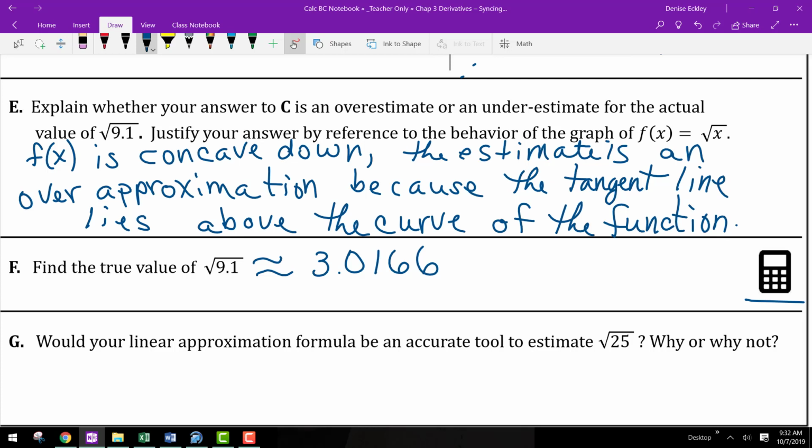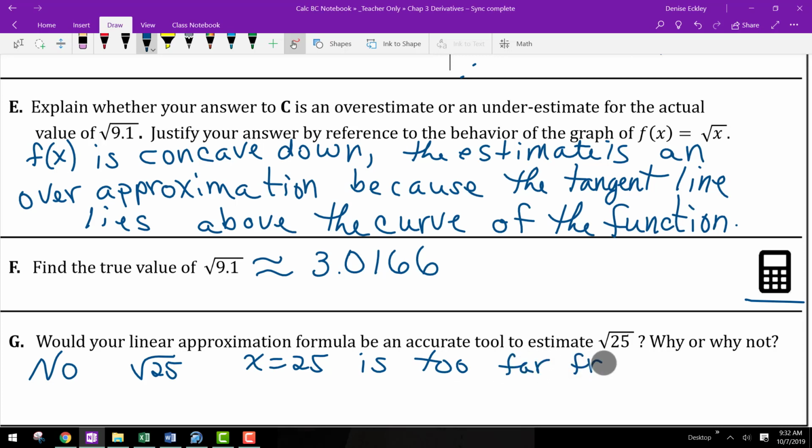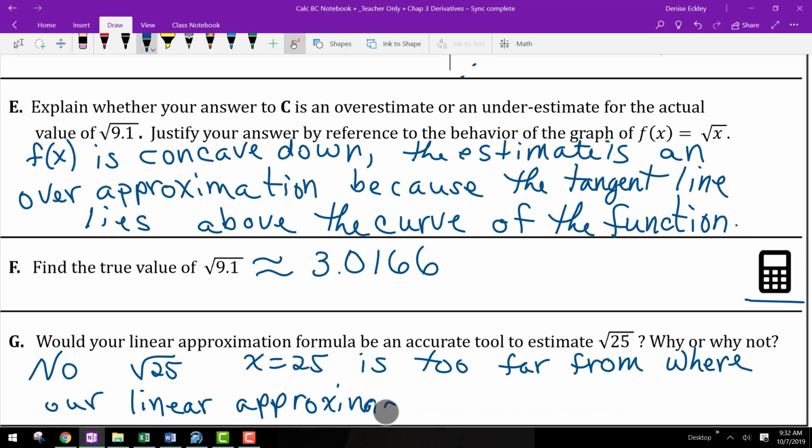Okay, so I'm going to just give you a second here to think about that. Now my answer would be no. And the reason for that is the square root of 25. So 25 itself is too far from where our linear approximation is located.